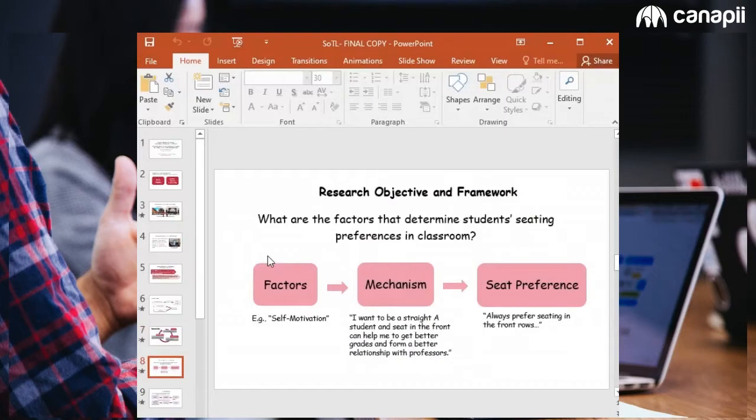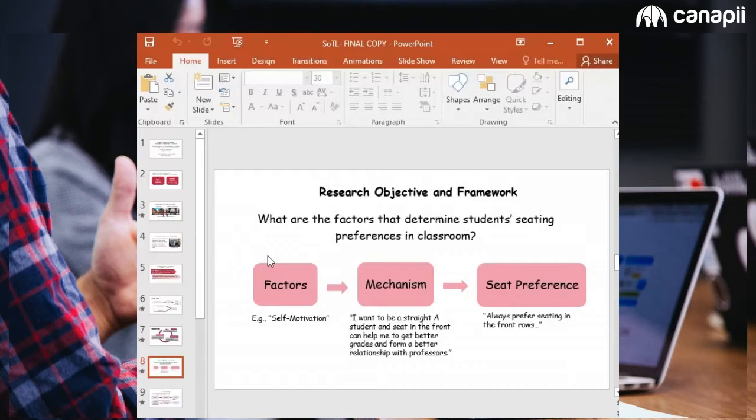And referring to our research objective and framework, we designed, like in the picture, we can see that the first is the factor. We would like to know the factors behind the seating preference.